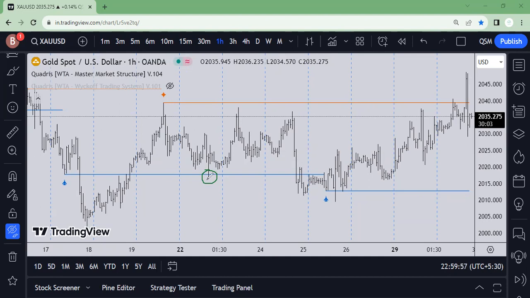First, it will stop at this particular point. If you are coming from up to down, the first condition is that it will respect this level. That means price will stop here and it will give a trading opportunity.